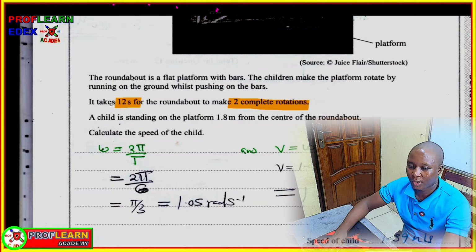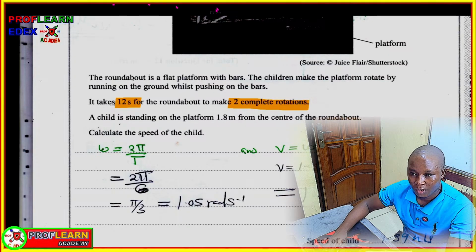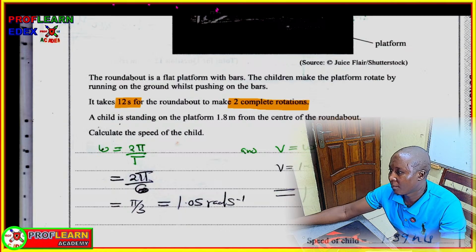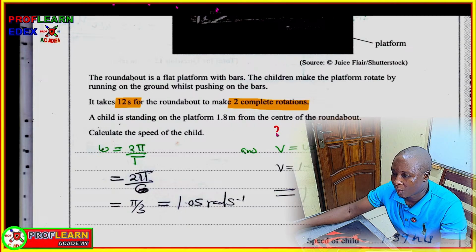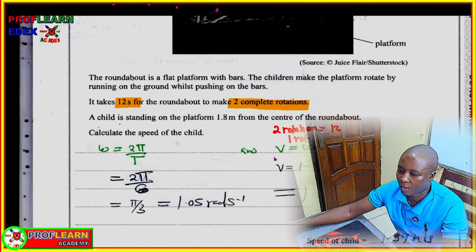1 rotation is going to be equivalent to what? If 2 rotations is equal to 12 seconds, 1 rotation is going to be equal to what?